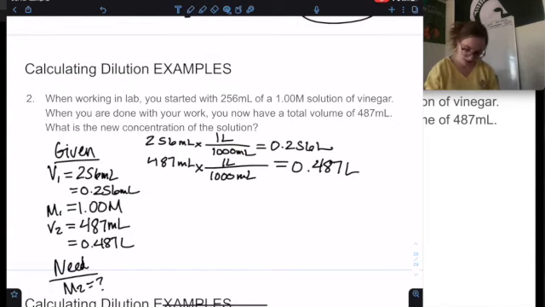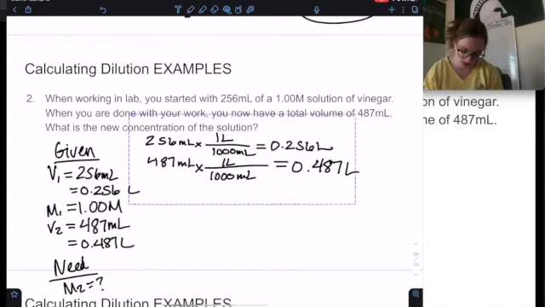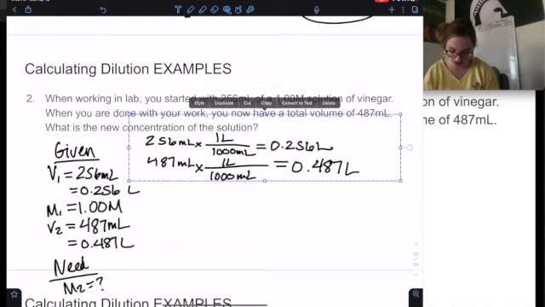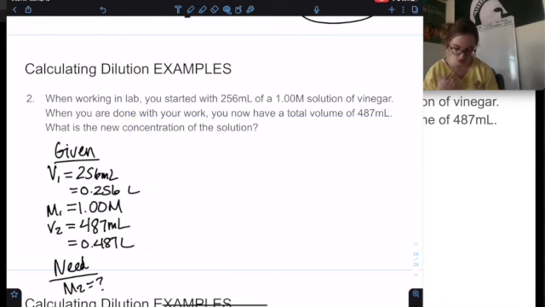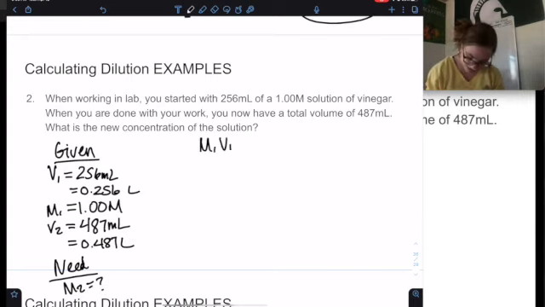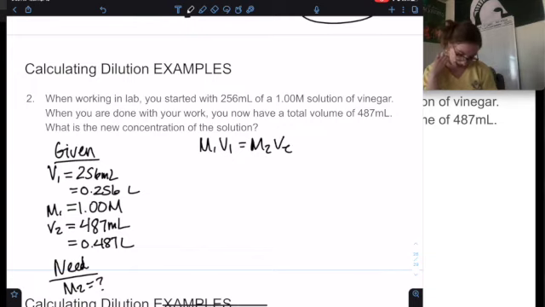Oops, I did it again. I called that a milliliter, didn't I? So now I can keep track of what's going on. I'm going to erase my conversion work just so I have a bit more space to work with for you guys. So our equation is M1V1 equals M2V2, and we can plug in and solve.